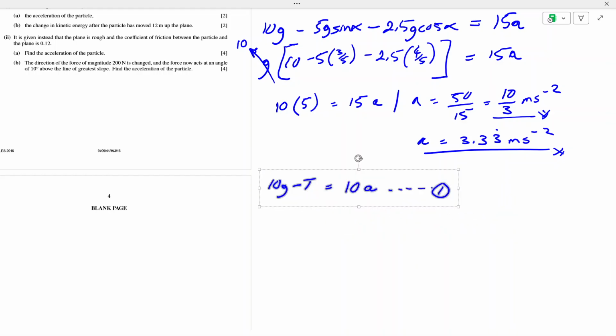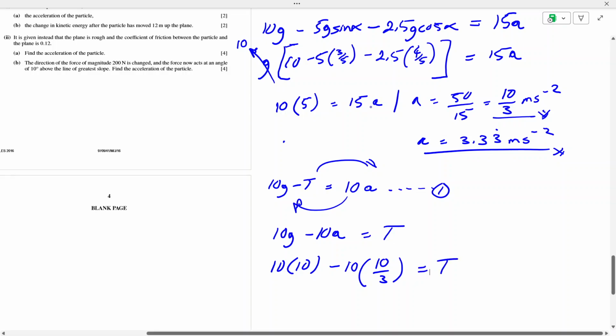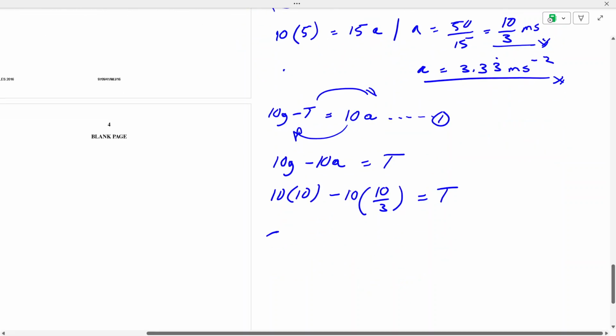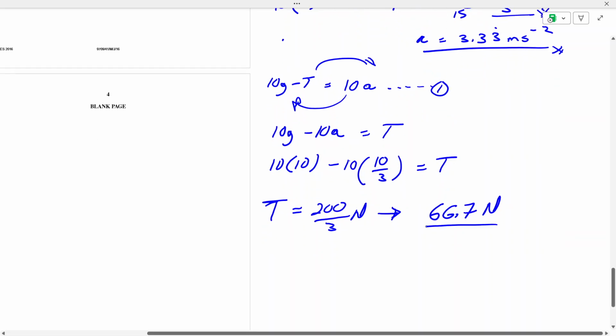So I'm gonna rearrange that. Take T to the other side. Take 10a to the other side. 10g minus 10a is equal to T. So this is 10 multiplied by 10 minus 10 multiplied by 10/3, which is equal to T. When we put that in the calculator, we get T is equal to 200/3 newtons, which is equal to 66.7 newtons. And that's it with our answers.